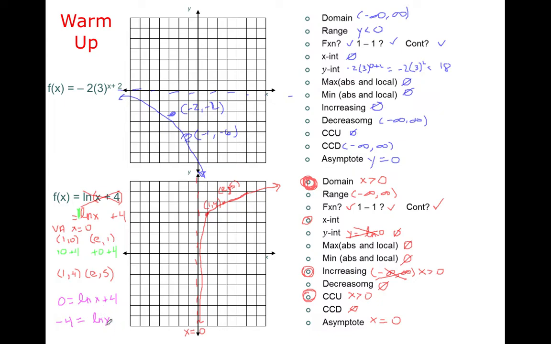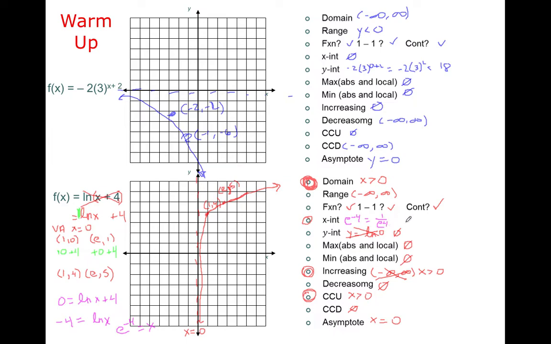You have to undo logs. Undo logs with exponents, right? Dipsy doodle this. Remember that's e. e to the negative 4 equals x. When y is what? Yep, 0. So your x-intercept is e to the negative 4, which of course you can write like this.